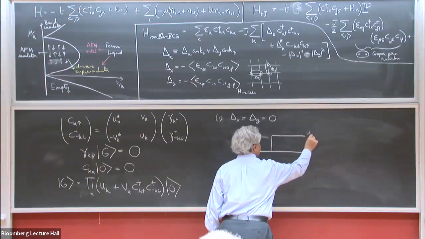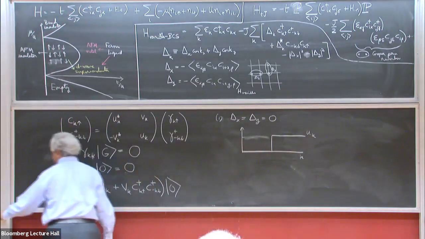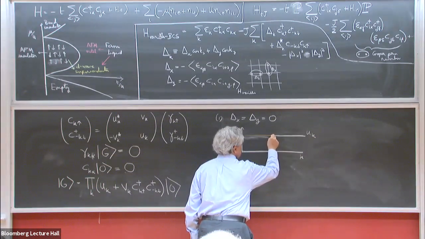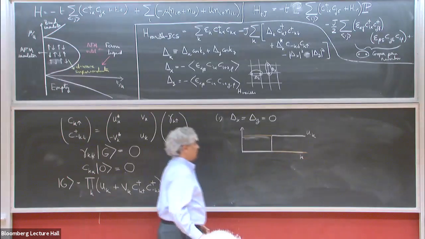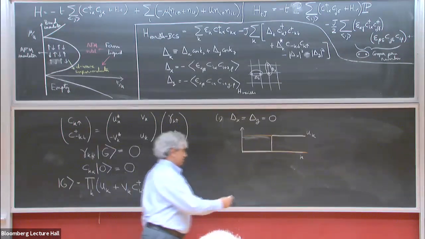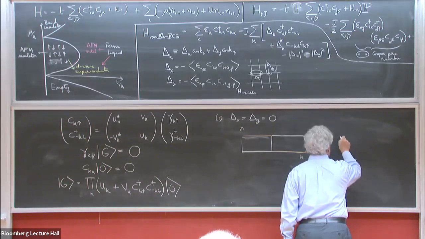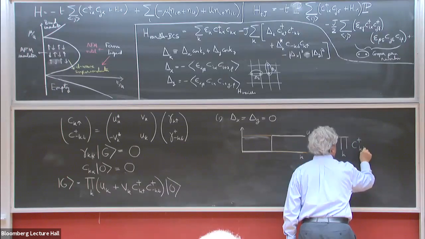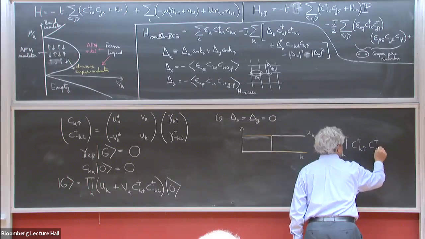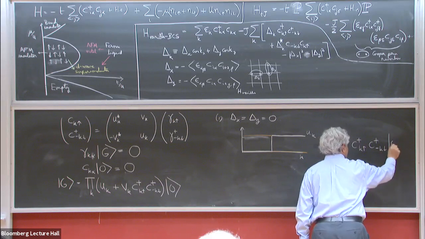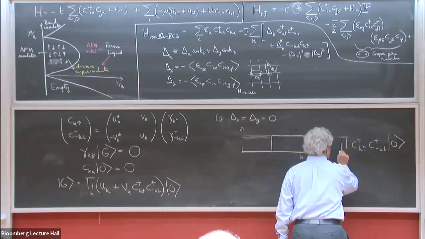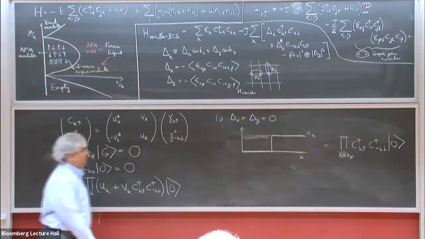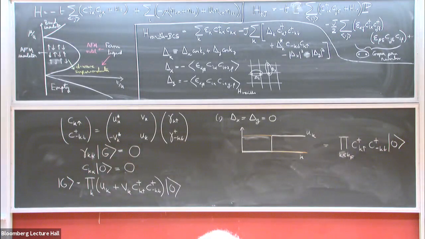So this is Uk, and Vk would do the opposite. And you can see that this wave function is nothing but the wave function of a Fermi liquid. It's just the product over k of C dagger k up, C dagger minus k down. This is exactly the Fermi liquid with k less than kF. You have a Fermi sphere and you occupy all particles inside the Fermi sphere.